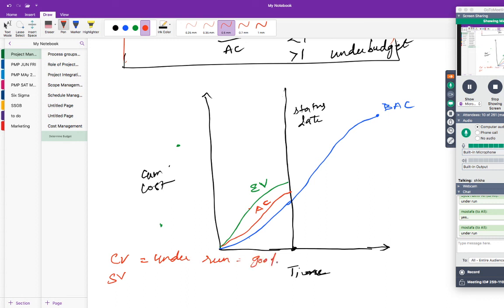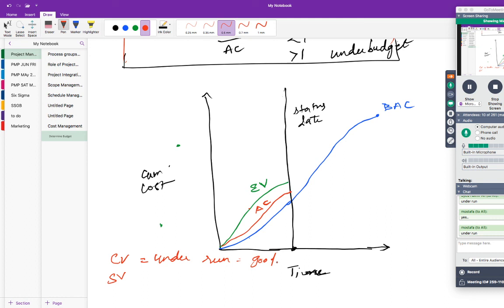How about the schedule variance? Why is nobody talking about schedule variance? Are you guys searching for your PV curve? Overrun.